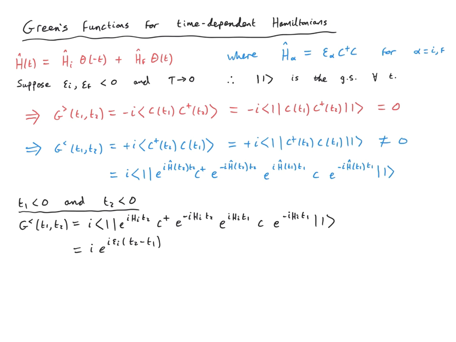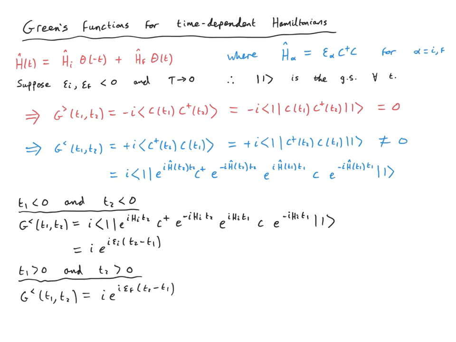We see in this case that G lesser is actually a function only of t2 minus t1, the relative difference between t1 and t2. This is the situation we saw previously for the time-independent Green's functions. The reason why we're getting that again here is that both t1 and t2 are negative, and therefore the dynamics of the system is evolving under a static time-independent Hamiltonian H_i.